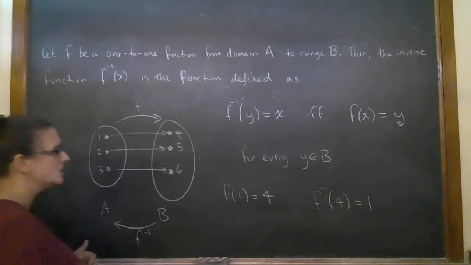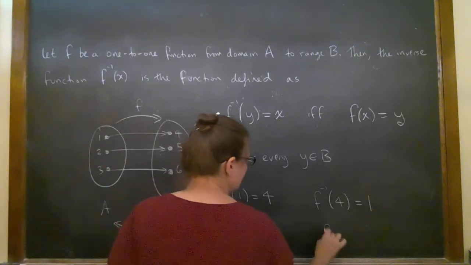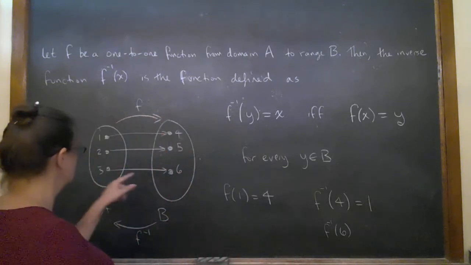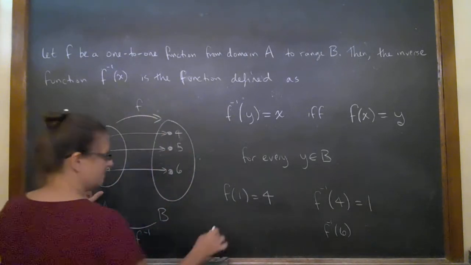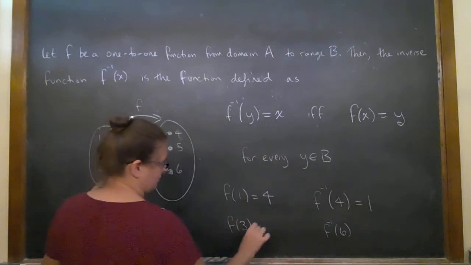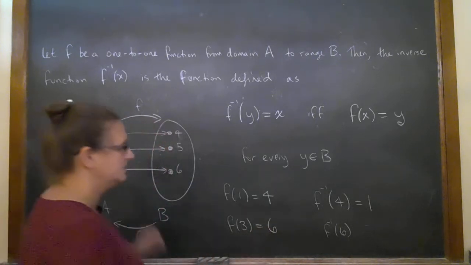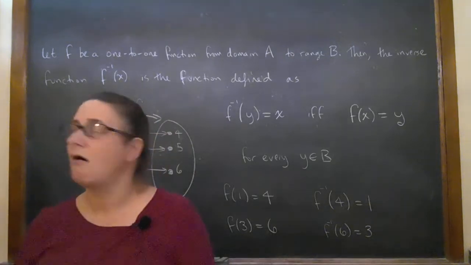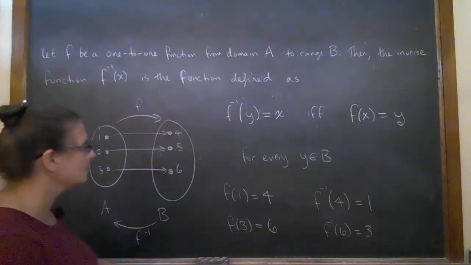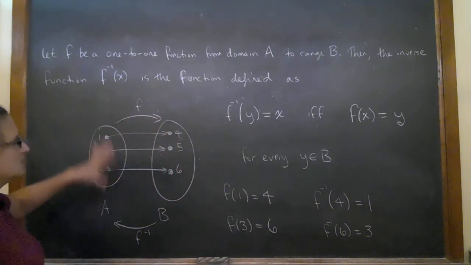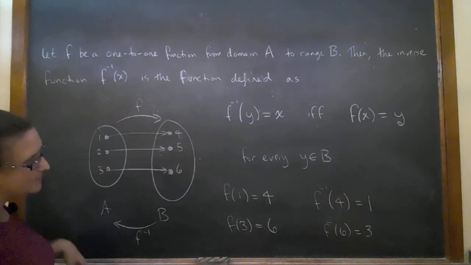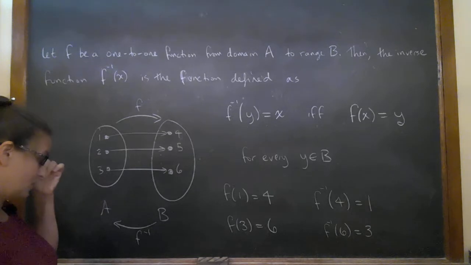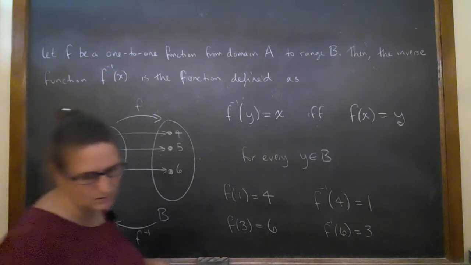And if you ask me what f inverse of 6 is, well, 3 gets sent to 6, so 6 gets sent back to 3. So that's really all it is. Of course, it's very easy with this diagram. Maybe with some functions that are more complicated, there are some more interesting things to look at.